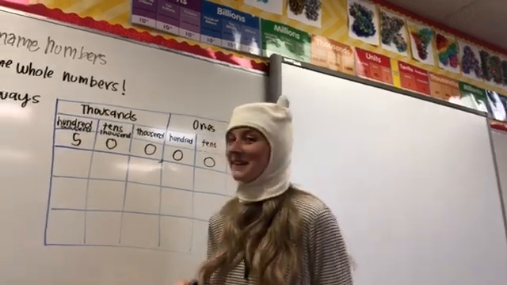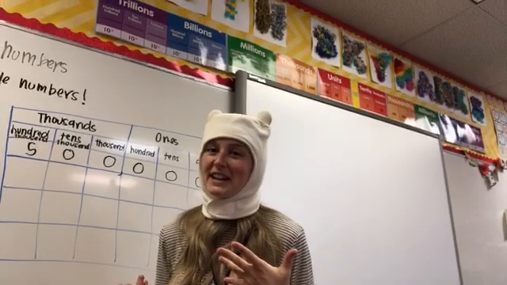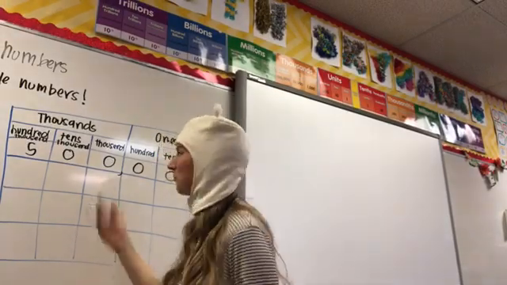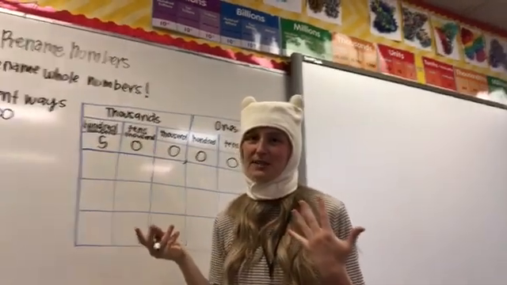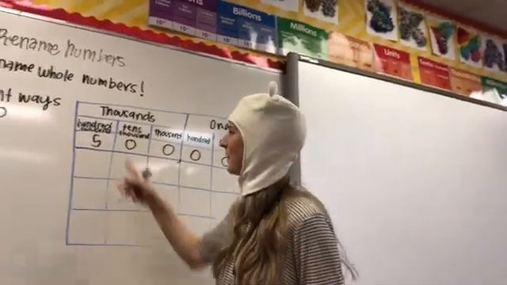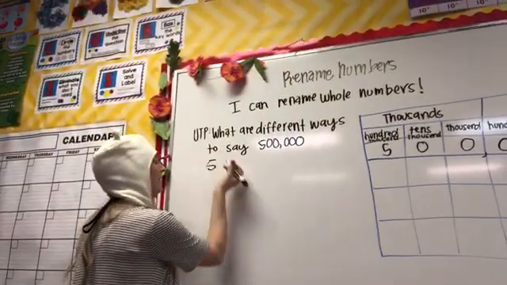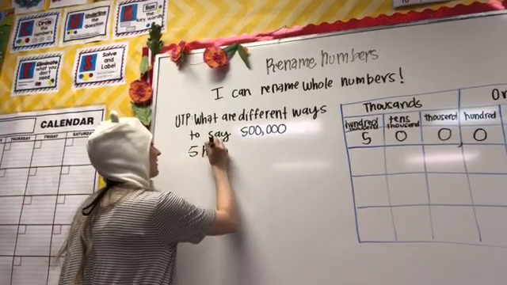But what if we wanted to describe this number in a different way? Instead of hundred thousands, what if we want to describe it in terms of 10,000s? So let's start with the way we know how to say it. We would say 5, and then we'd write the word hundred thousands.